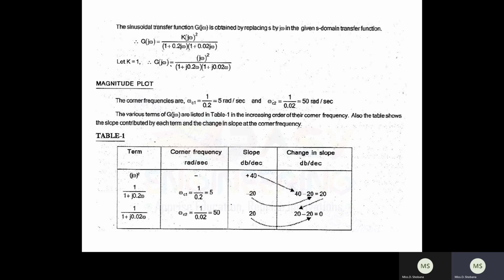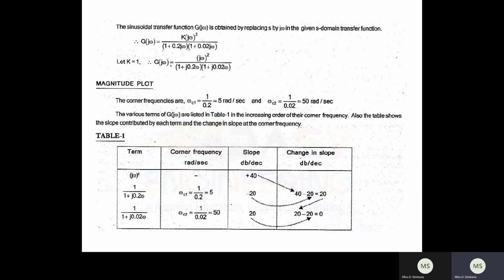Before that, make the tabular column and write the terms. Here j omega is only available in the numerator. Whenever a K problem is there, always assign K equal to 1 and proceed. So (j omega) squared is taken as the first term, then in ascending order of corner frequencies, 1 divided by 1 plus j 0.2 omega and then 1 divided by 1 plus j 0.02 omega.